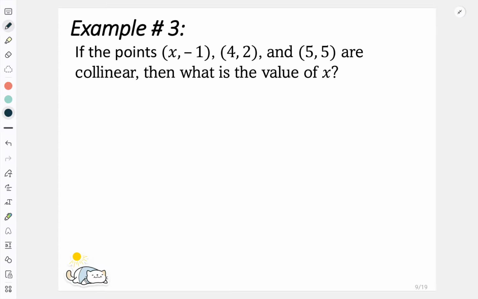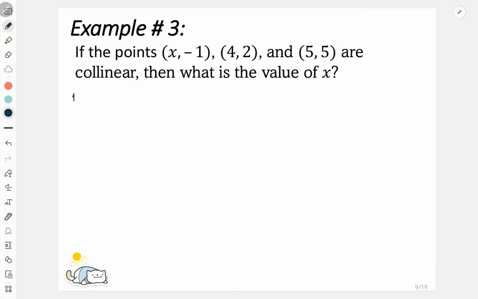In this case, it is given in the problem that all these 3 points must be collinear. So we want to get the value of x. How do we do that? We just simply choose any 2 points and then equate the slope to get the value of x. So let's choose some points.